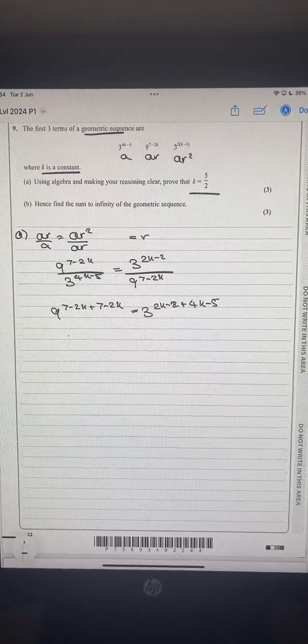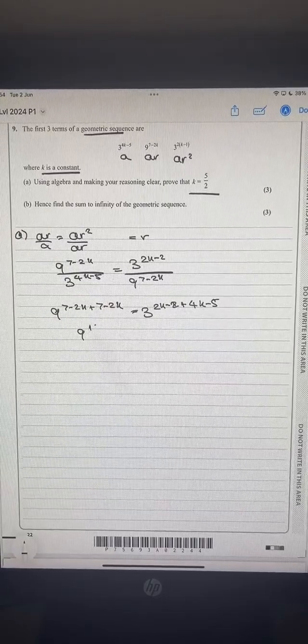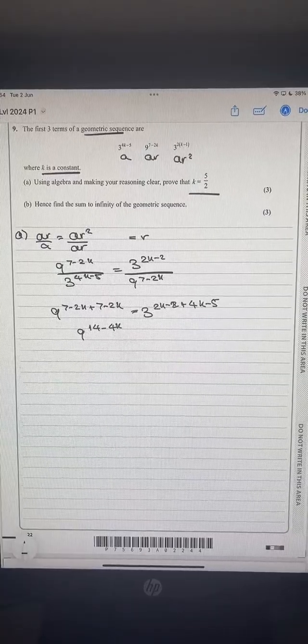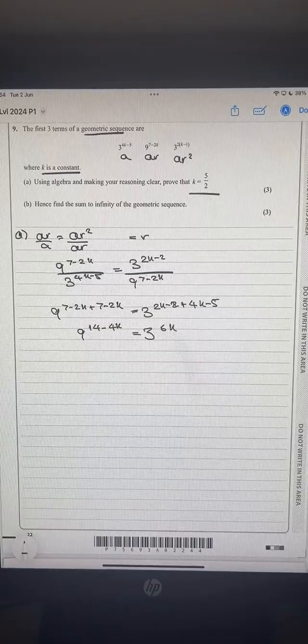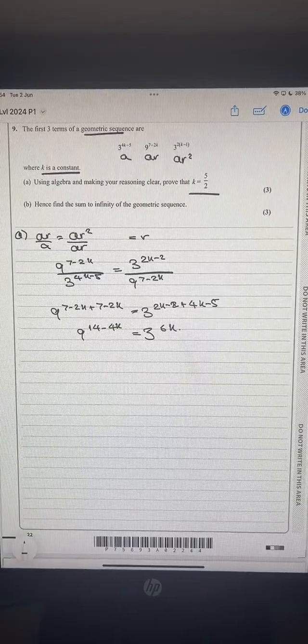I'm just going to clean up my powers now. So 9^(7 plus 7 is 14, minus 4k) is equal to 3^(2k plus 4k is 6k, minus 2 minus 5 is minus 7, so 6k minus 7).